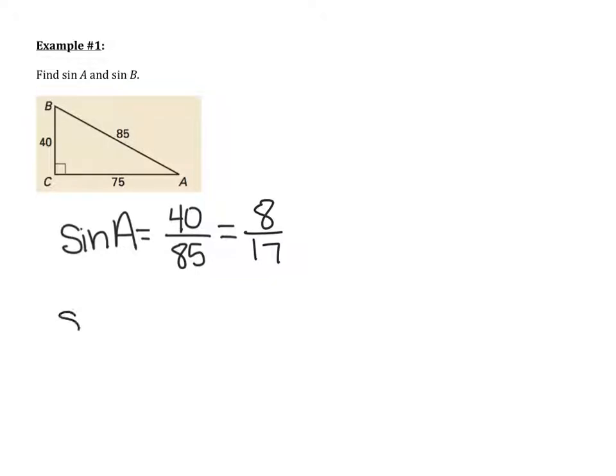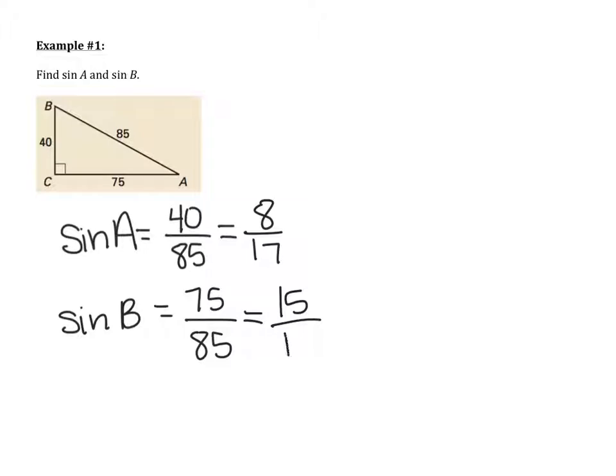Now when I find the sine of B, I'm going to go off of this angle here. Again, it's still opposite over hypotenuse. In this case, the opposite side is 75 and the hypotenuse is still 85. To put that in lowest terms, I would get 15 over 17.